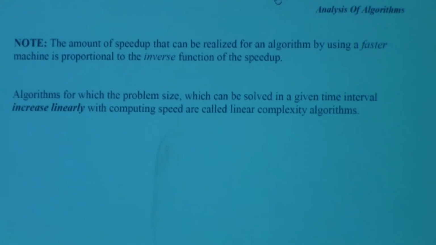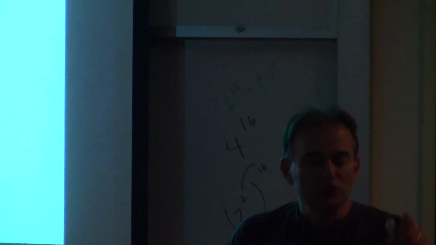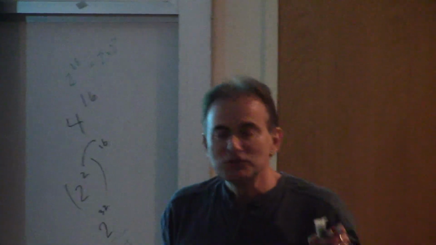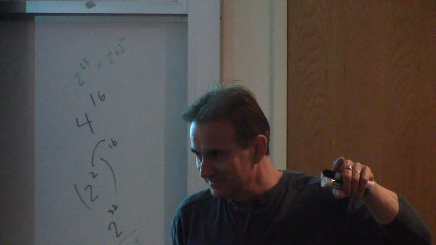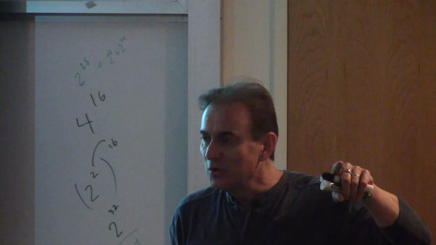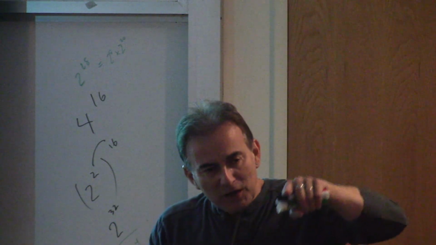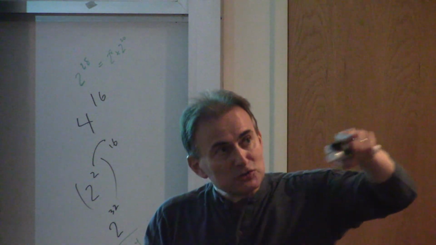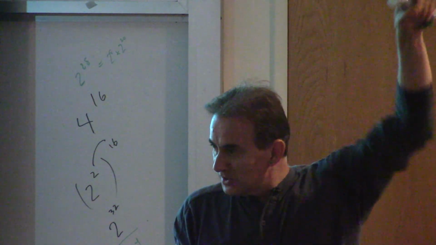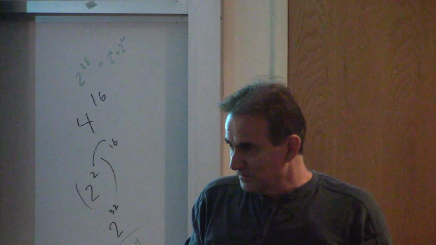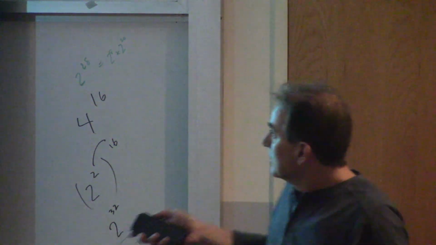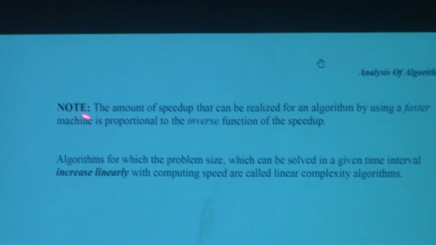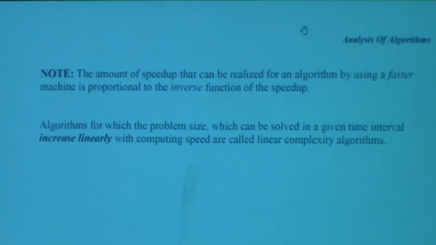What is the inverse of a logarithmic function? The answer is, it is an exponential function. So log base 2, the inverse is 2 to the power. The logarithmic function, which grows very slowly like this, is an inverse function to the exponential function, which just goes up like crazy. So the amount of speed up that can be realized using a faster machine is proportional to the inverse function of the speed up.